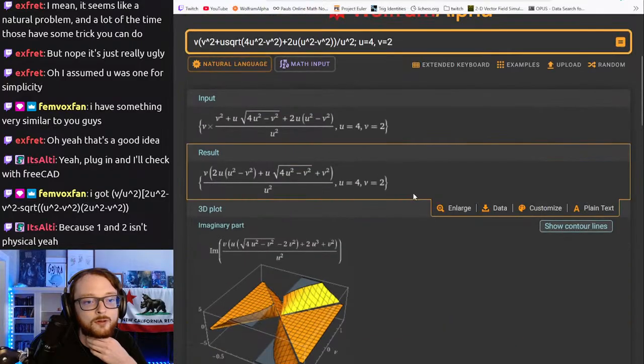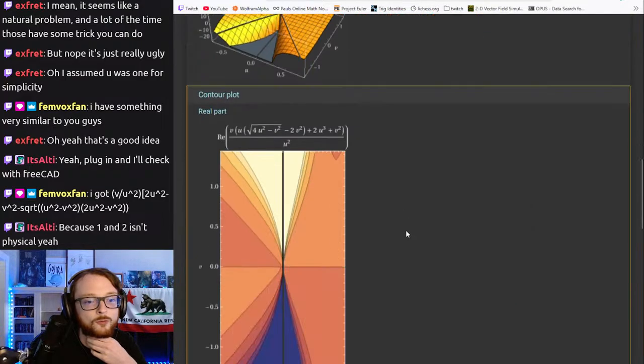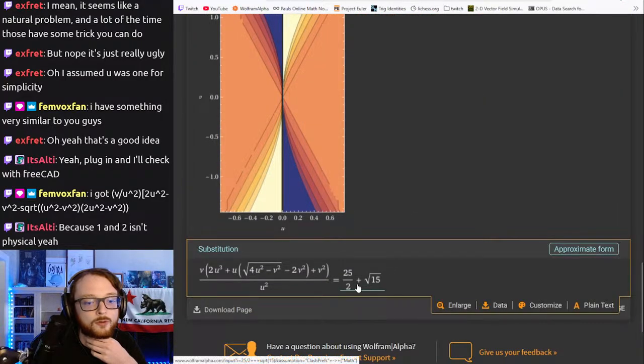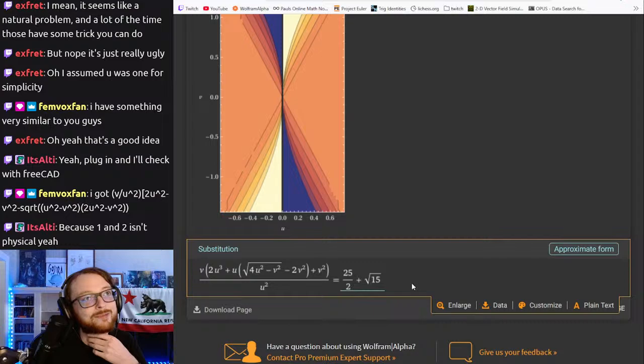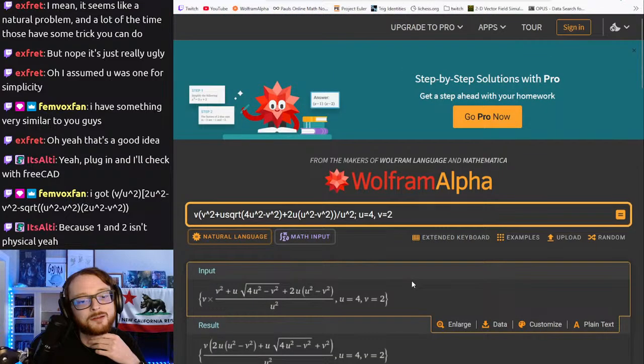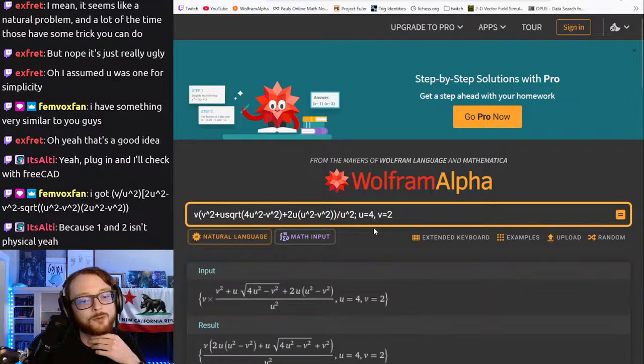So I'm saying u is 4, v is 2. 25 over 2 plus root 15. 12 and a half plus 3 point something. That's way bigger than v. That's not reasonable.